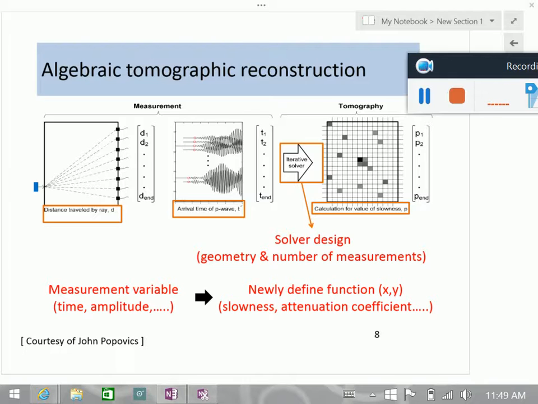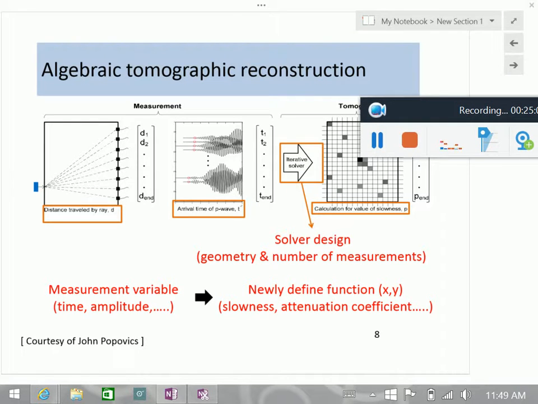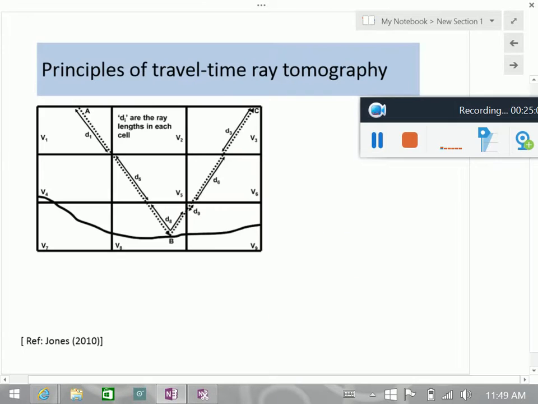Each cell, we call a velocity cell. Each cell has a certain velocity and attenuation. And going from here to here is tomography. Make sense so far? Yes, no? No questions? Now, let's see how it works.